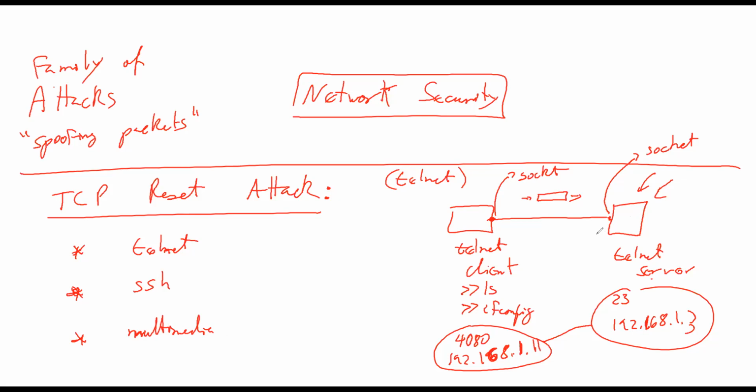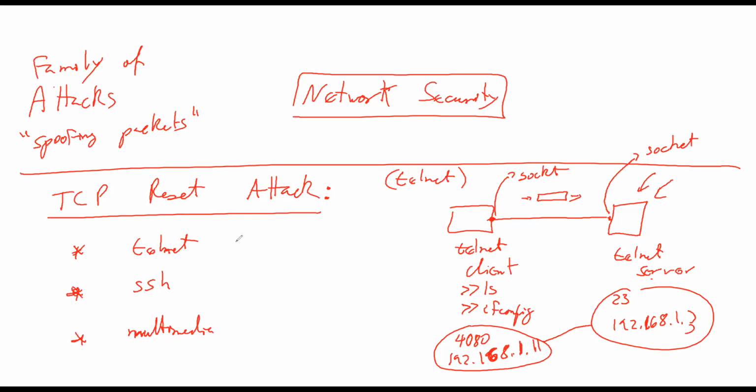So if you go to Wireshark on your computer, you can look up the Telnet application, and now you can see just the packets that have been exchanged for Telnet. Then you can look at the last packet that was sent.